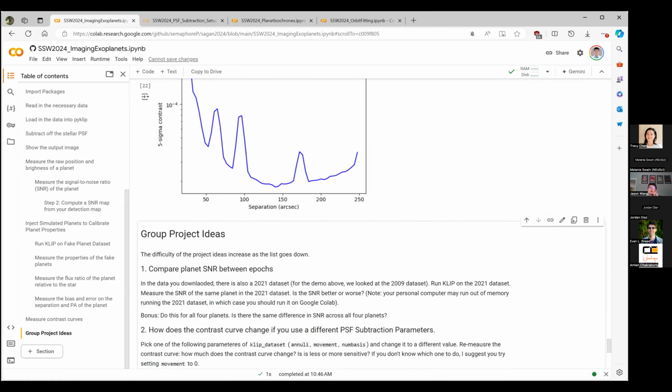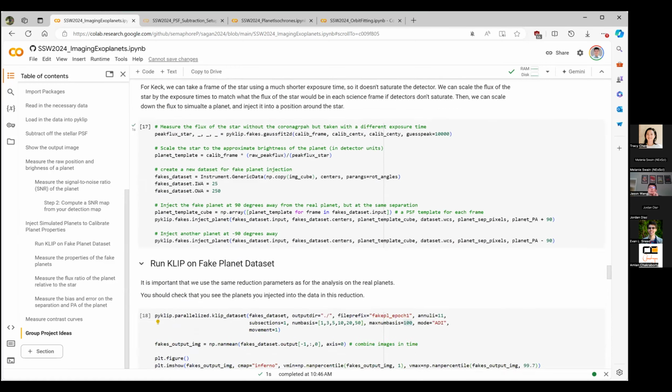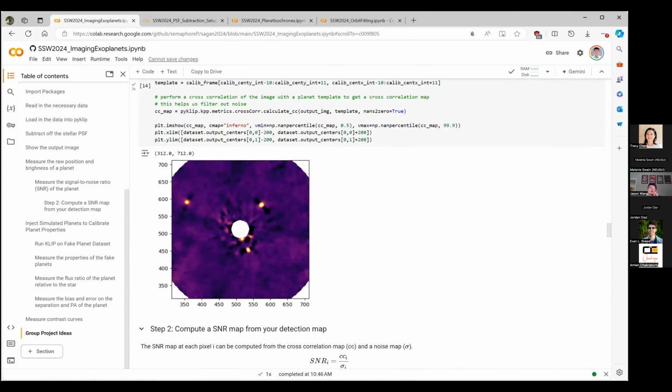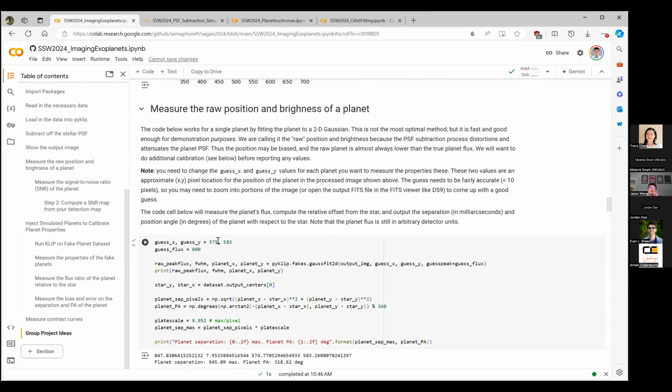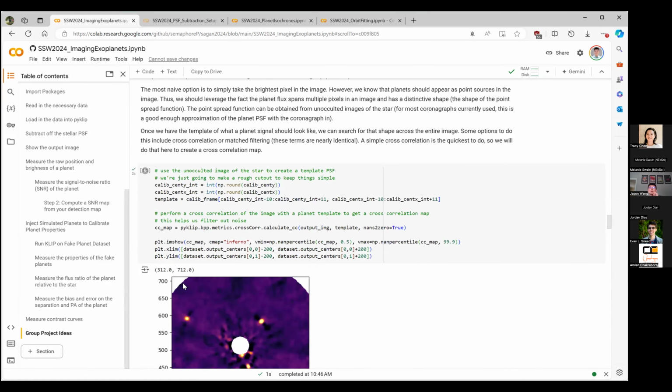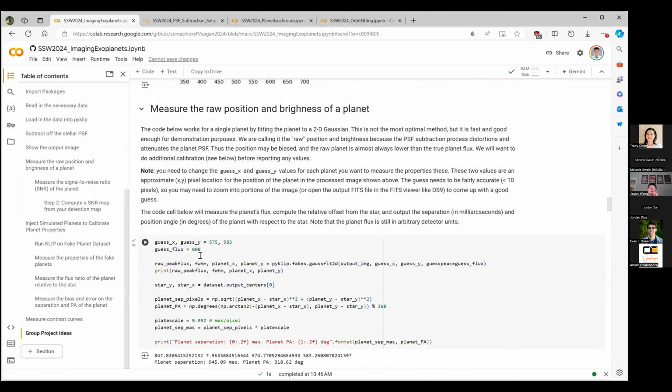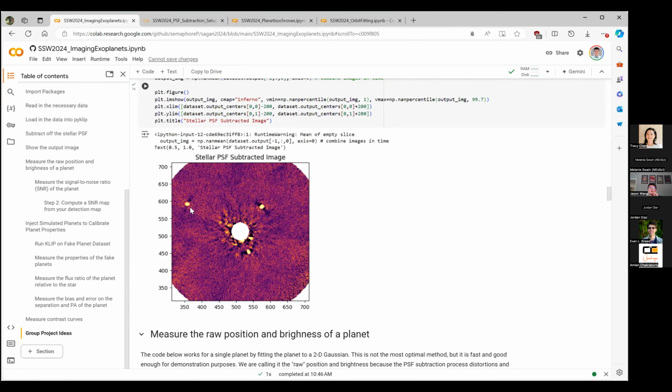So here, to measure the flux of the outermost planet, like we've discussed already, you just need to change this value to be the guess values for the position of this planet.